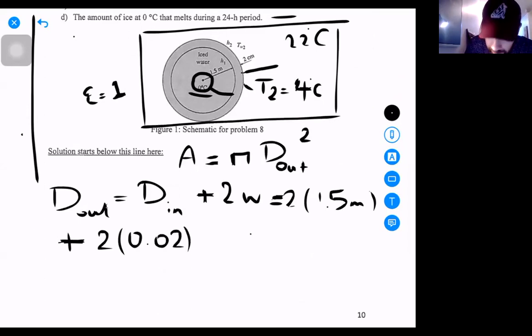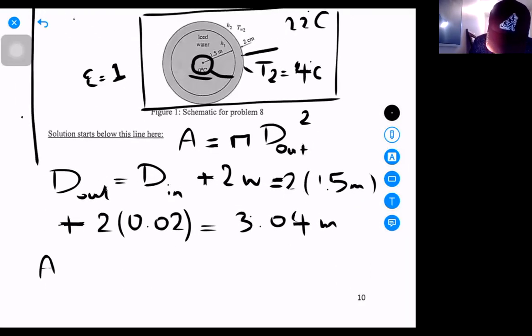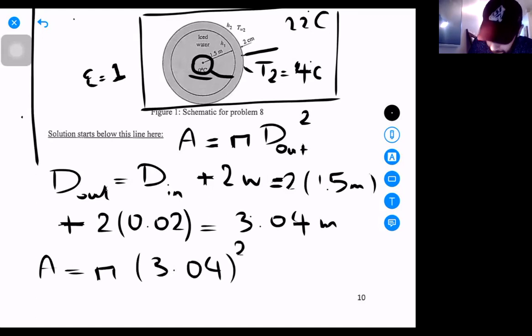That would give me an amount of 3.04 meters. And the outer area would be equal to pi times d of out, 3.04 to the power of 2. That will be equal to 29.65 meters squared.